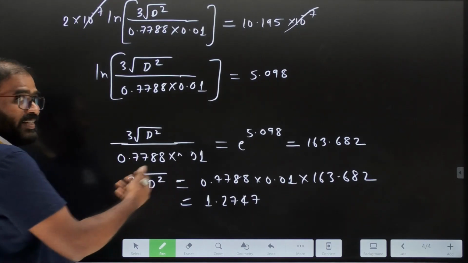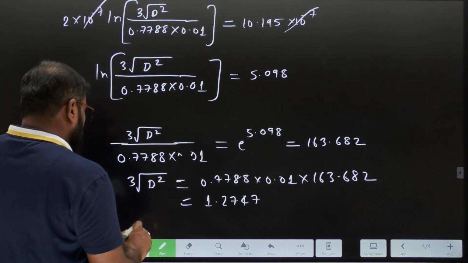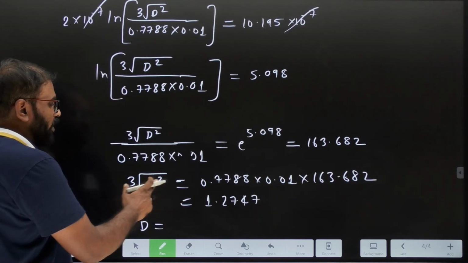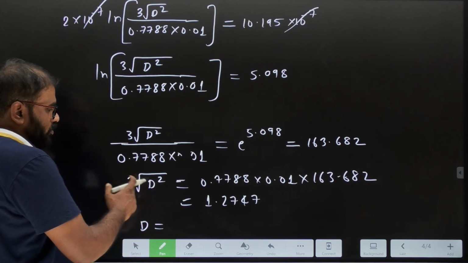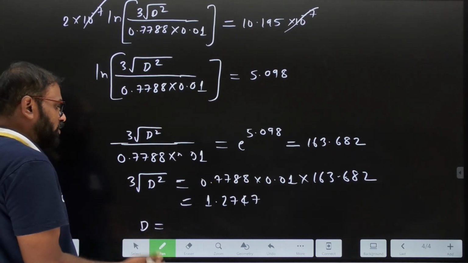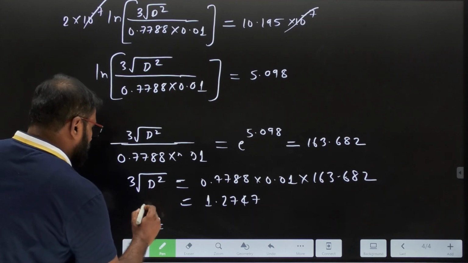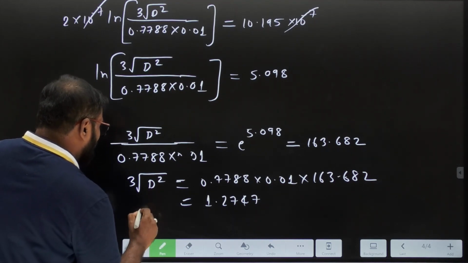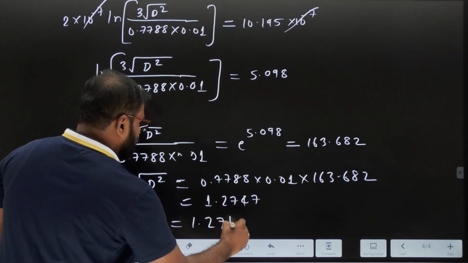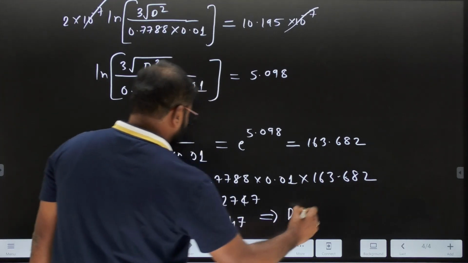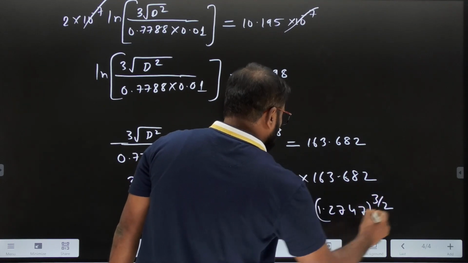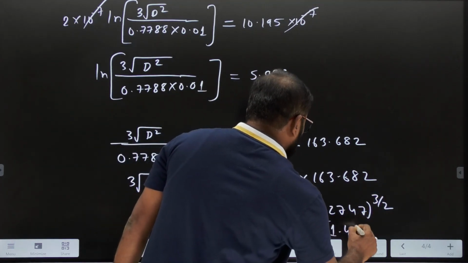Now, how to calculate the value of D finally? D power 2 by 3 is this 1.2747. If you write whole cube on both sides and whole power 1 by 2 on both sides, we will get the final answer. From this, D is 1.2747 whole power 3 by 2. Now this value is 1.439 meters.